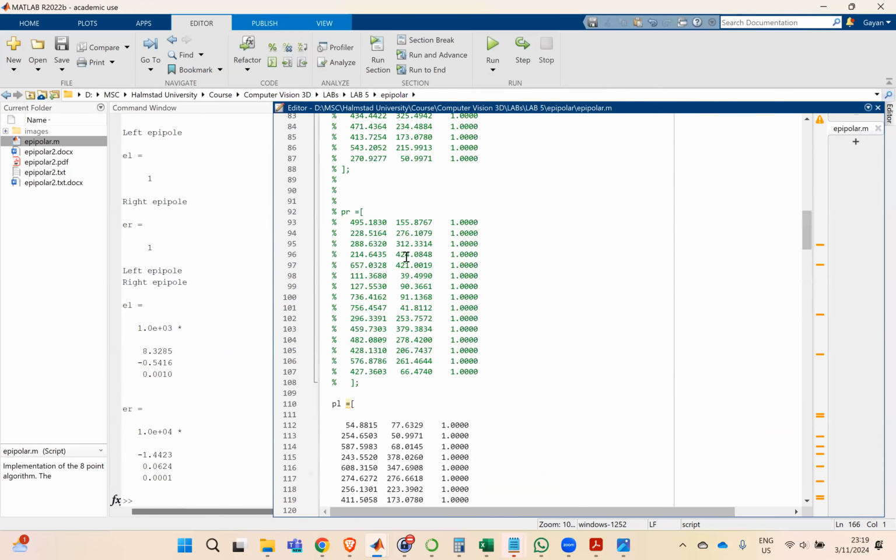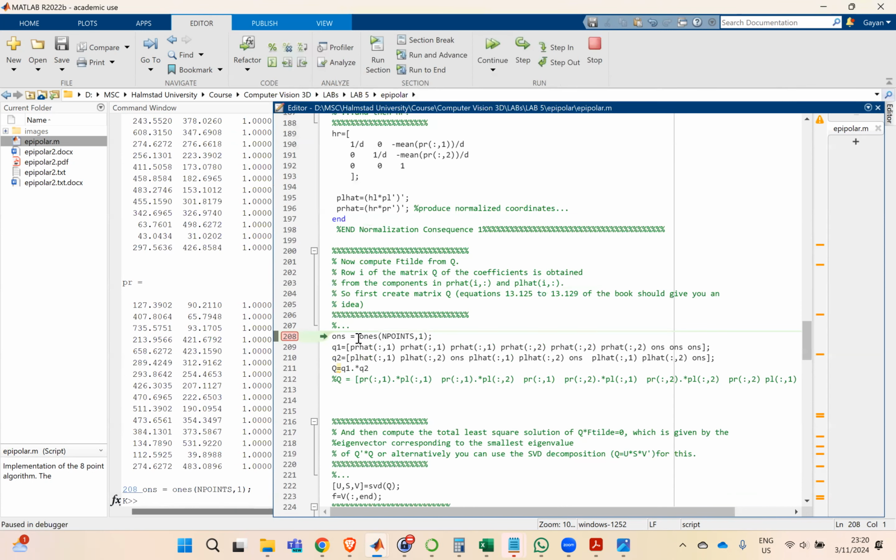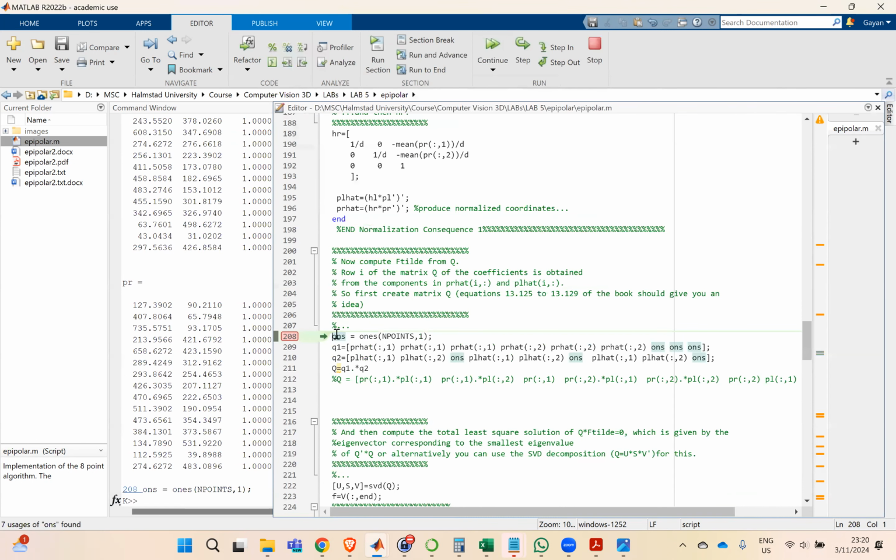Oh no, this is inside the program. So we will not use this normalize. The end of the program. Yeah. So we are in here.